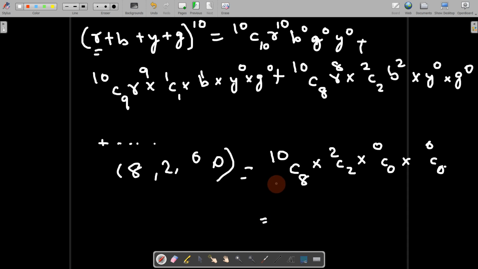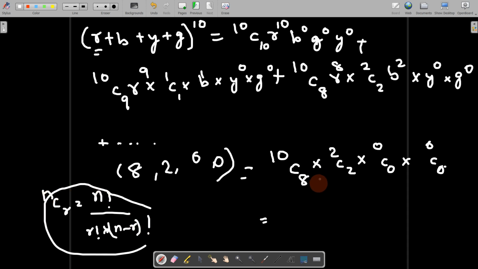So I know the formula for n choose r: out of n, if you choose r objects, the formula is n factorial by r factorial into n minus r factorial. We will use this formula here.